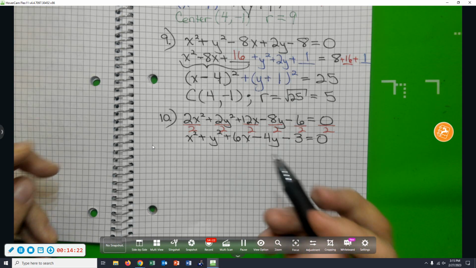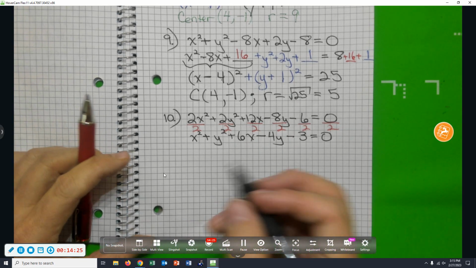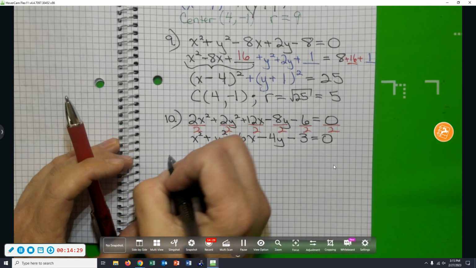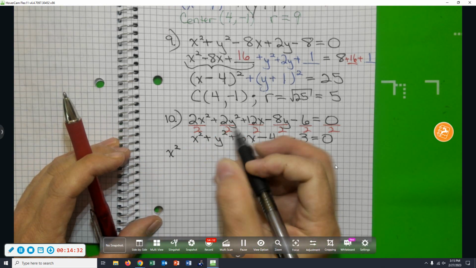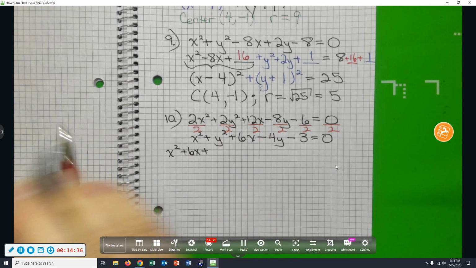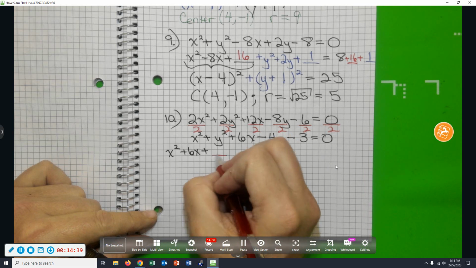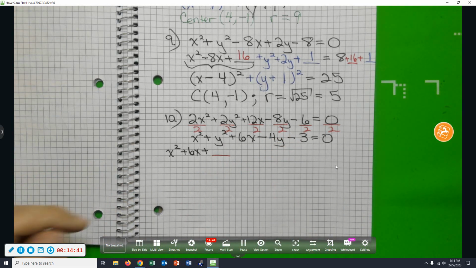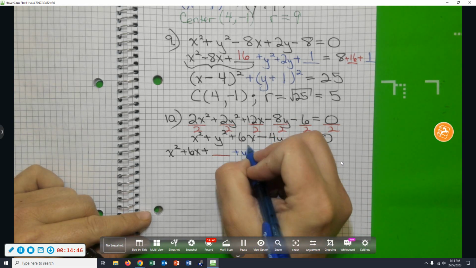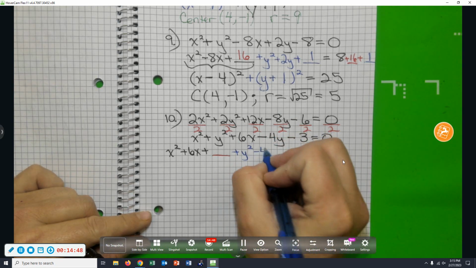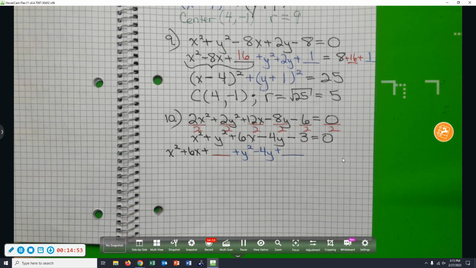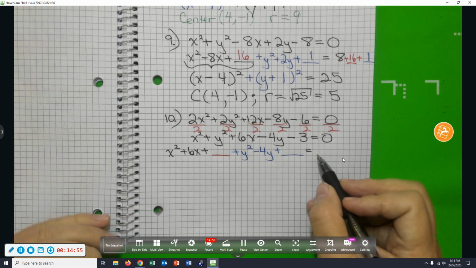So now let's group the x terms together. We have x squared plus 6x plus, skip some space, and then y squared minus 4y plus, skip some space, is equal to, what do we have over here?